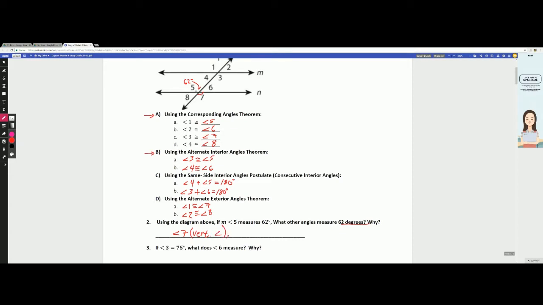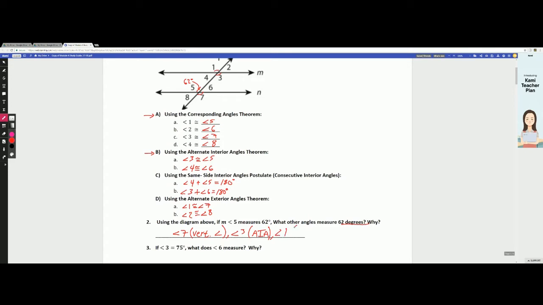Who else? We have our alternate interior angle. Who's an alternate interior angle of 5? Angle 3, again because of alternate interior angles. And who else? What about the corresponding angle?